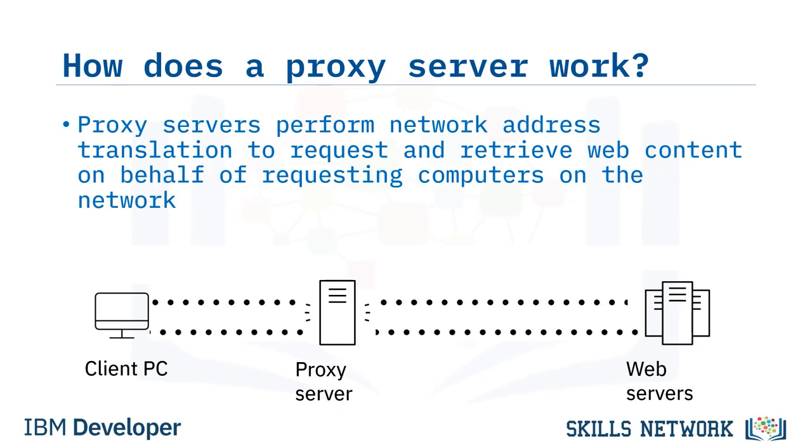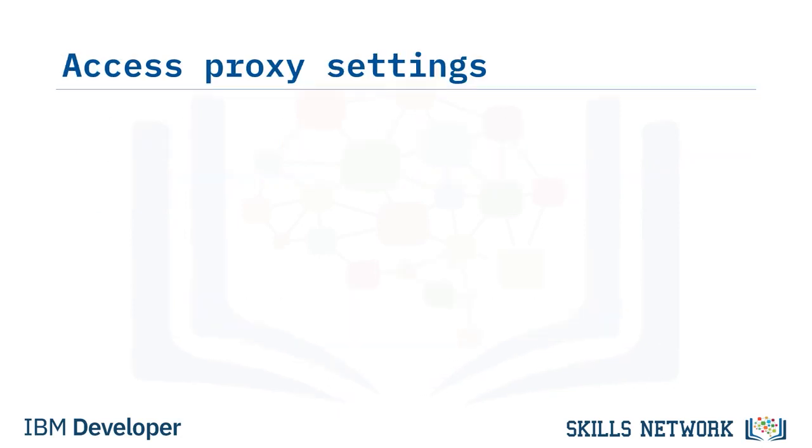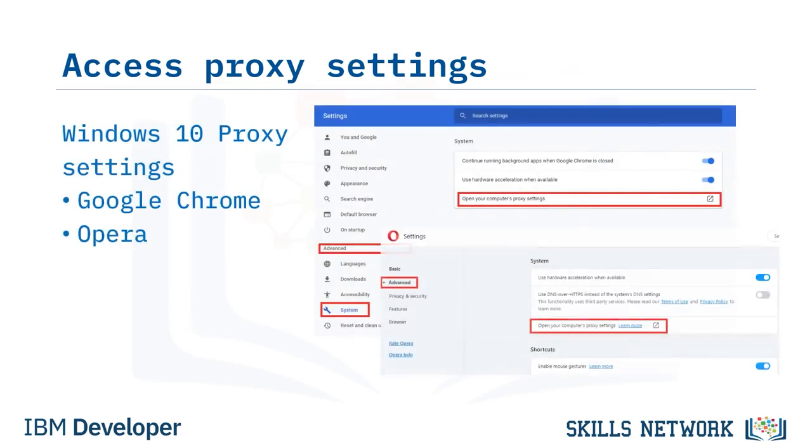To configure proxy server settings in Google Chrome, Microsoft Edge, and the Opera browser, you use the proxy settings defined by the operating system. For example, in Google Chrome and the Opera browser, you open Settings, then in the left navigation menu, expand Advanced, and select System. From here, you can select Open your computer's proxy settings.